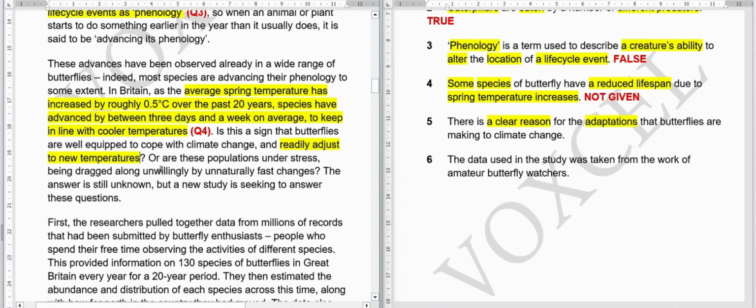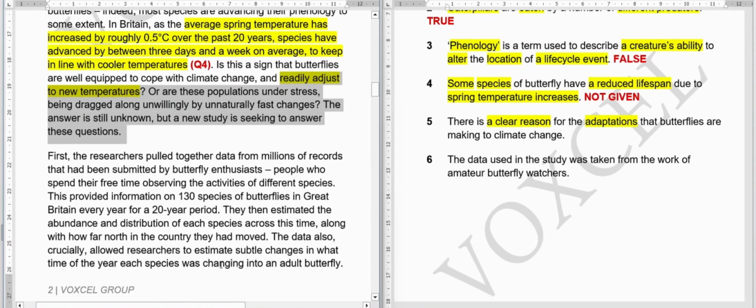Or we are making them make changes forcefully? The answer is still unknown, but the new study is seeking to answer these questions. So from this to this, I will do this. From here to here, you can say our answer lies between these sentences, and you have around 10 seconds to tell me the answer, and your time starts now.